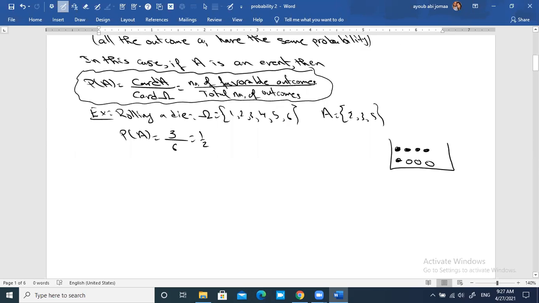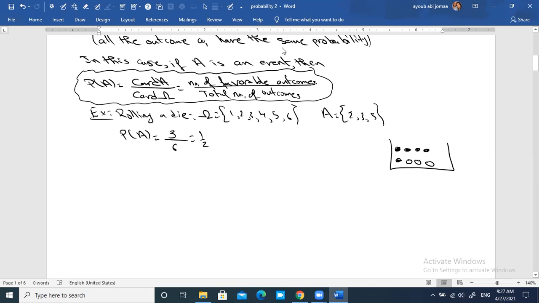Because the cardinal of A, the number of elements in A, is 3. So you're right, 3 over the total number of outcomes in the sample space, 6. 3 over 6.